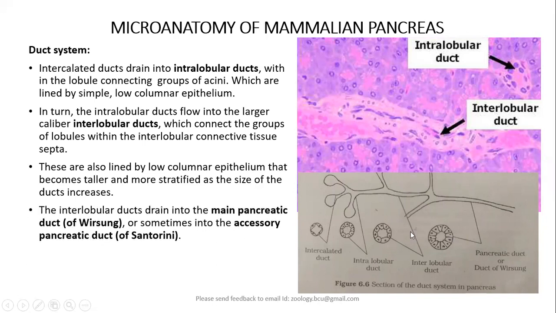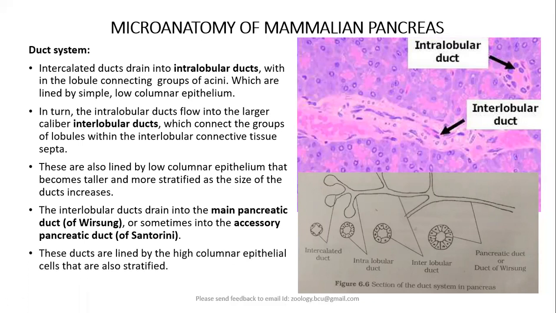The interlobular ducts drain into the main pancreatic duct, which is also called the duct of Wirsung. Sometimes before forming the duct of Wirsung, there may be formation of accessory pancreatic ducts called the ducts of Santorini.